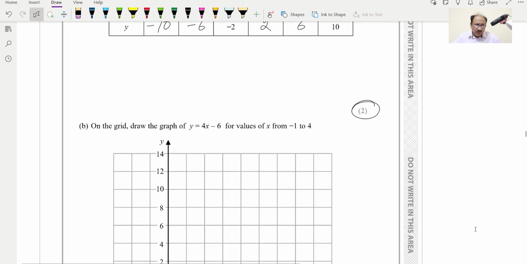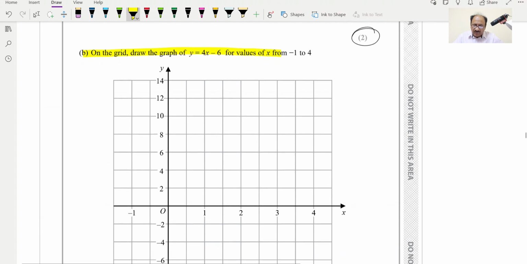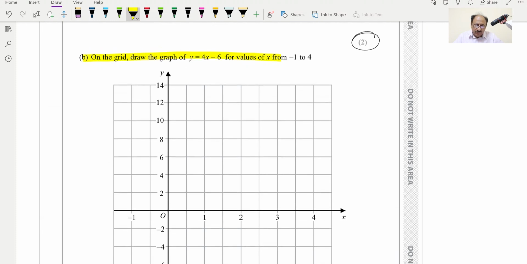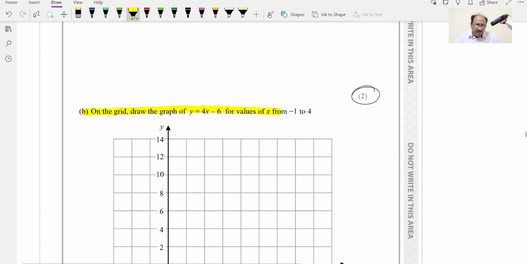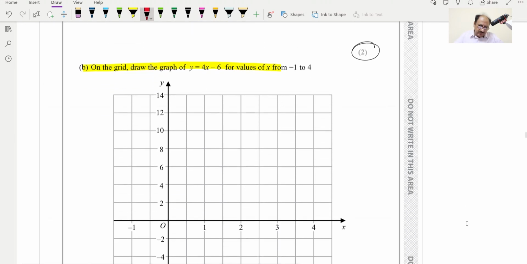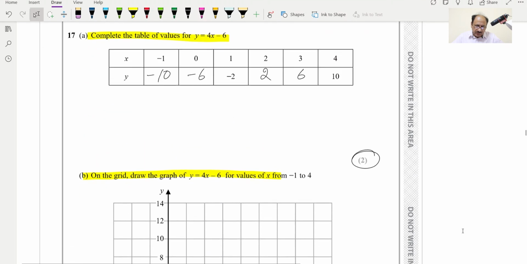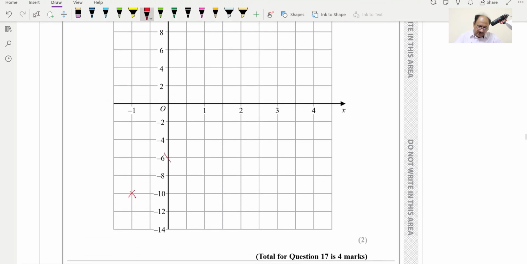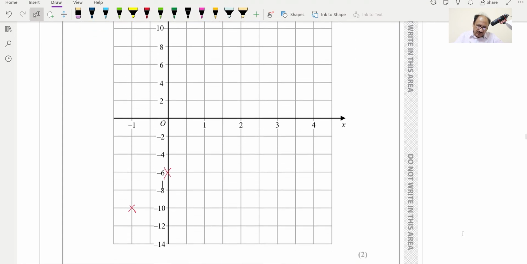Now they're saying on the grid, draw the graph of this one for values of x from -1 to 4. Basically we have to plot these values. For -1 it will be -10. So -1, -10 will be this point, and next is 0 and -6. 0, -6 will be this one, and next is 1 and -2.